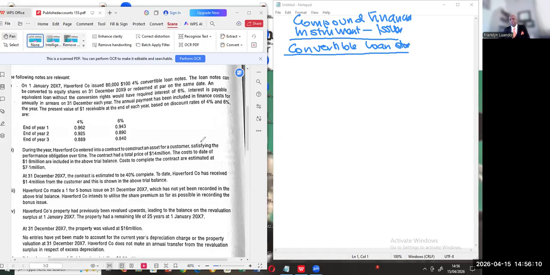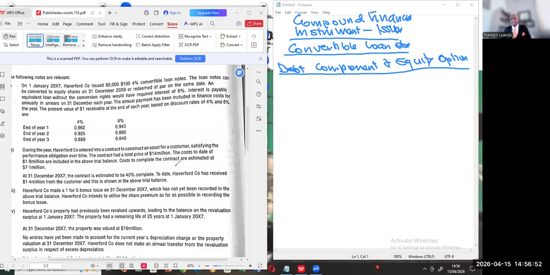According to IAS 32, a convertible loan stock or compound financial instrument should be split into the debt component and equity option component. Now, how do you do the splitting?